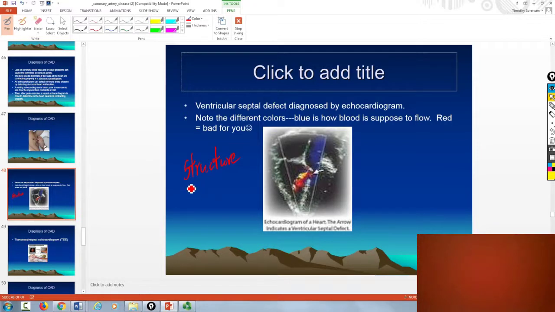It looks at wall thickness, how much blood is being ejected per beat, how big the chambers are. Is there enlargement? Is there hypertrophy? Is there damaged valves? So again, echocardiogram looks at the structure of the heart.